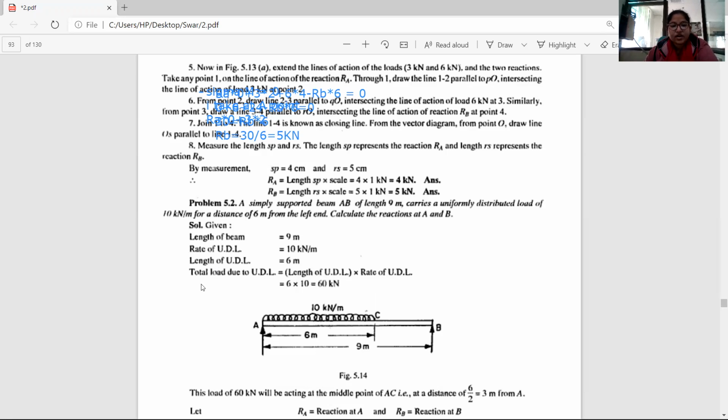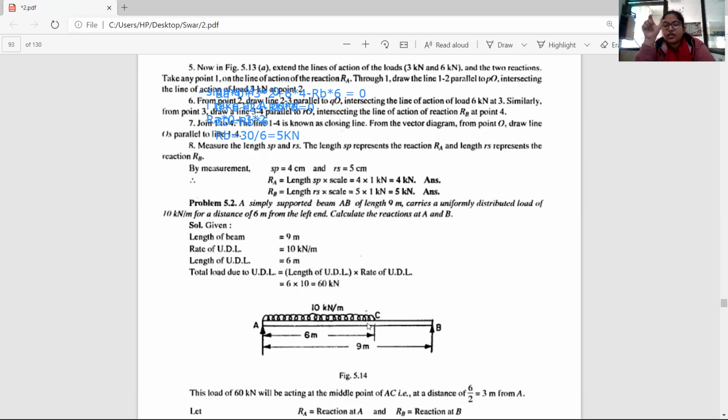Why are we doing this? We are converting this UDL to a point load. We simply multiply the UDL length by the intensity of the UDL, and that makes my point load.